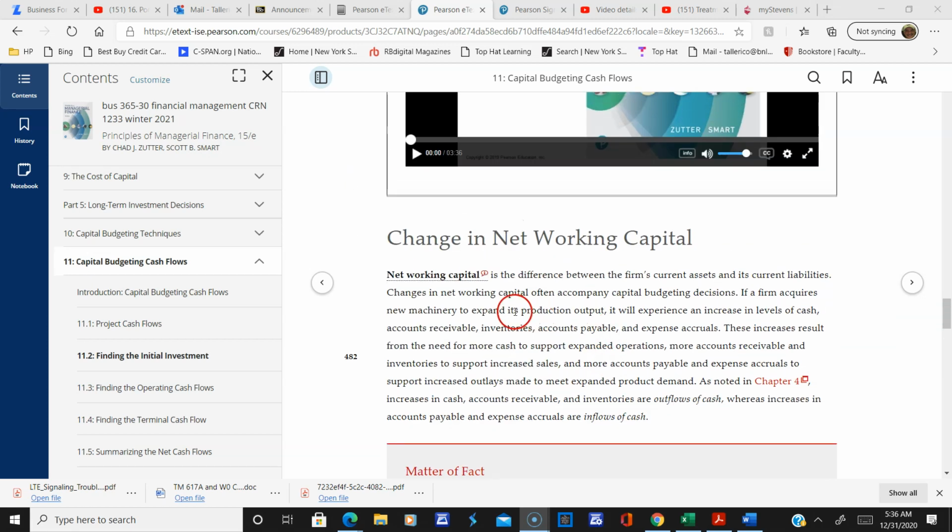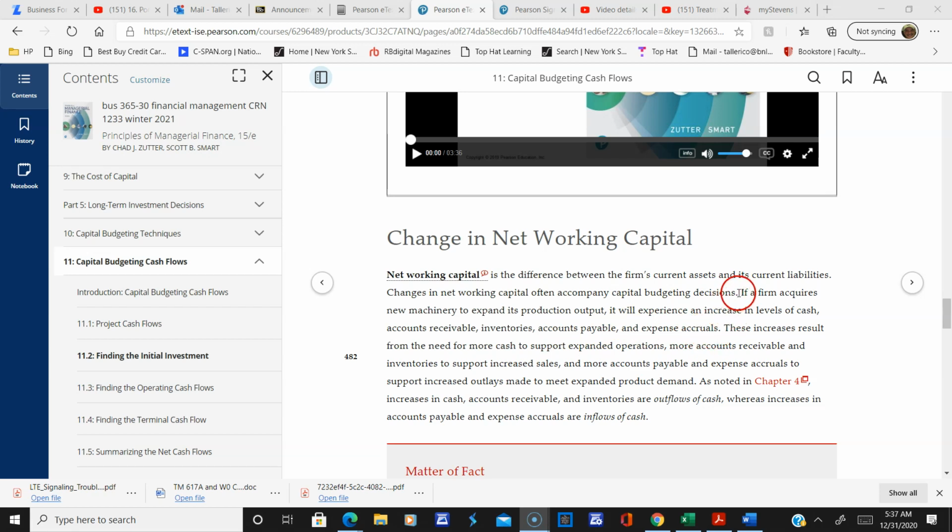Now, change in net working capital. Let's talk about net working capital a little bit. That's the difference between the firm's current assets and its current liabilities. So if I subtract current liabilities from current assets, changes in net working capital often accompany capital budgeting decisions. If a firm acquires new machinery to expand its production, it will experience an increase in levels of cash, accounts receivable, inventories, accounts payable, and expense accruals.